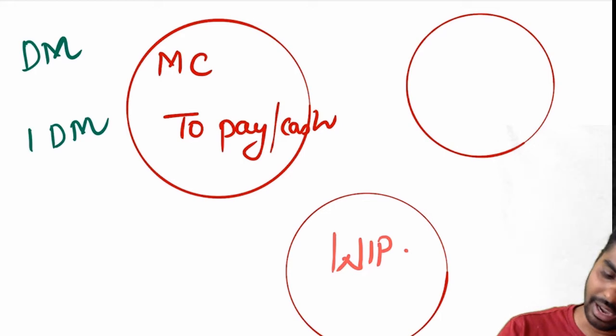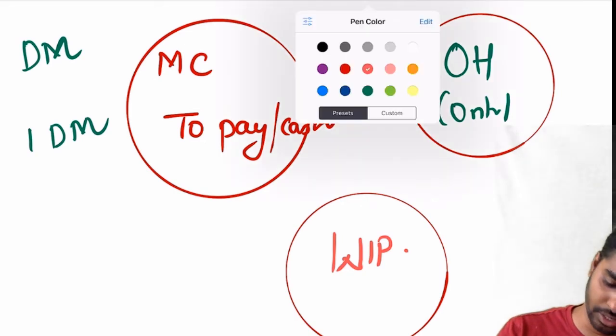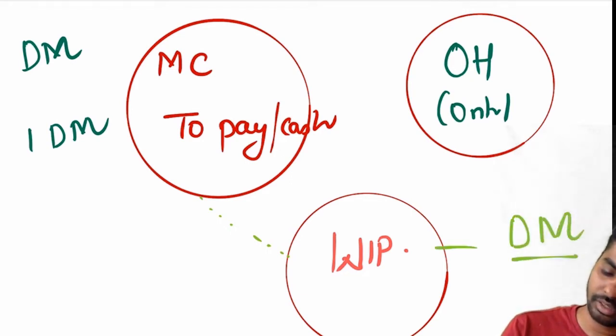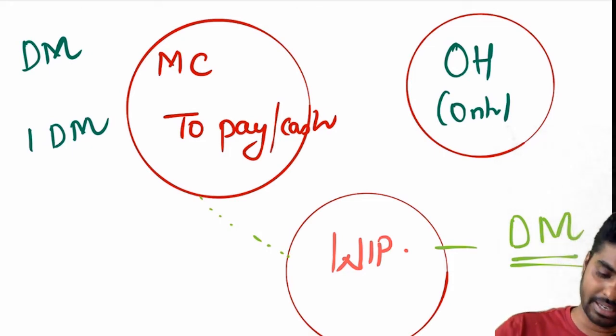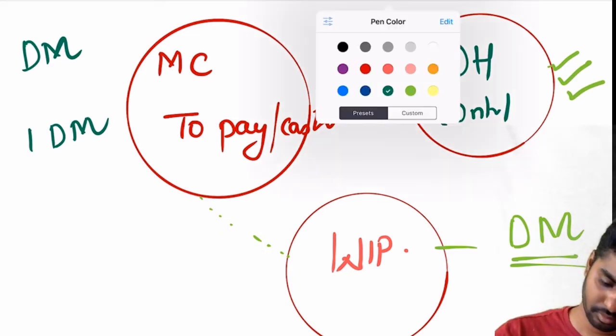Then I have the overheads control account. When the goods are transferred from here to here, I will be transferring only my direct material to WIP.